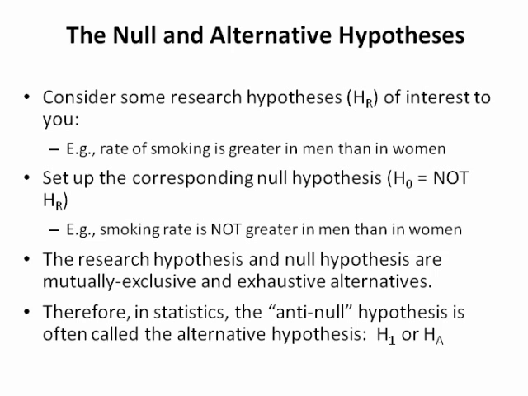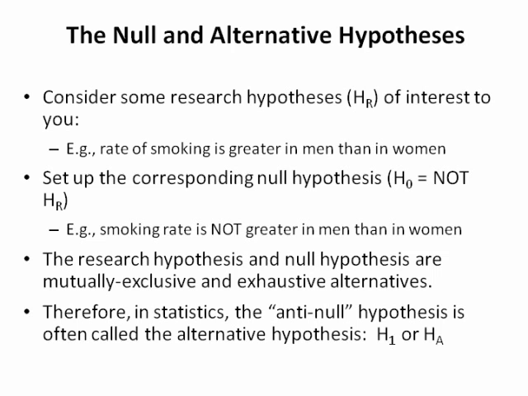We then set up the corresponding null hypothesis. That's H sub 0. That's a statistical hypothesis. That's not based on our research. Okay? So it's not your research hypothesis. Instead, we're going to say that the smoking rate is not greater in men than in women. Remember, that's the null. No change.